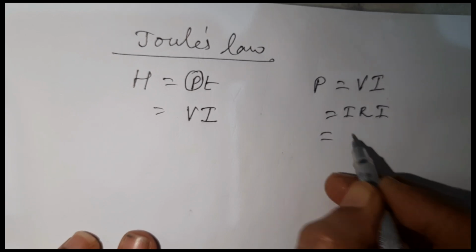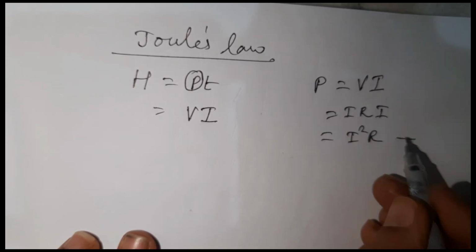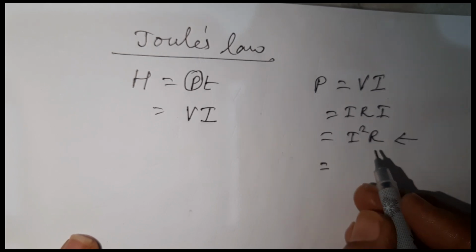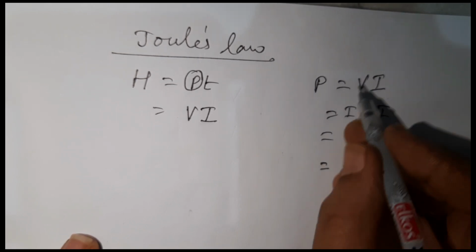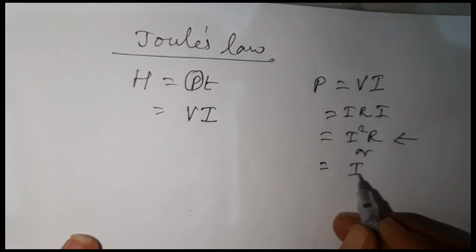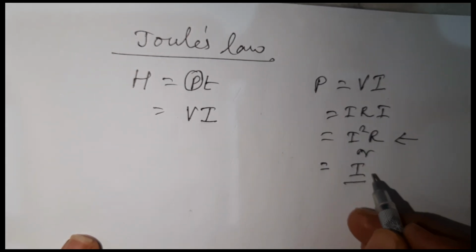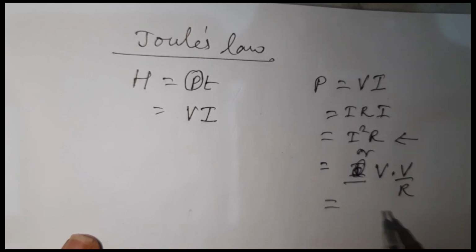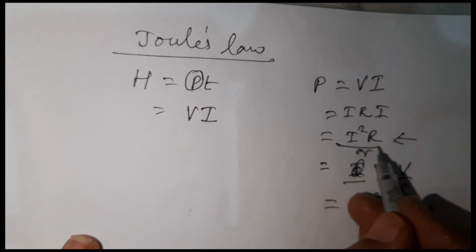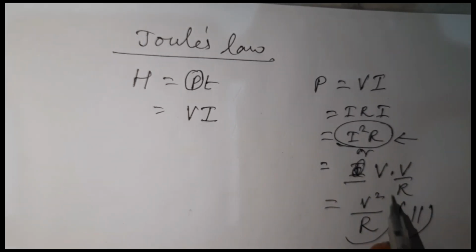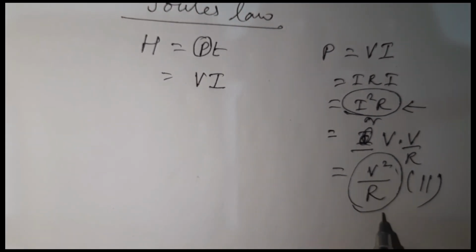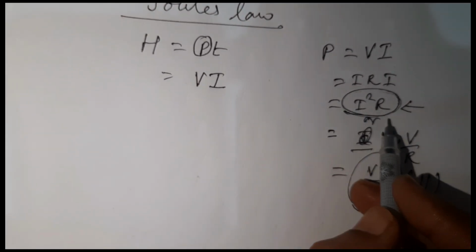Thus the formula of power is I square R. When we use it in series, we apply I square R. If it is a parallel connection, we need to replace I as V upon R. For parallel connection, we use V square by R. For series, I square R. This is an important concept which you need to remember for numericals.